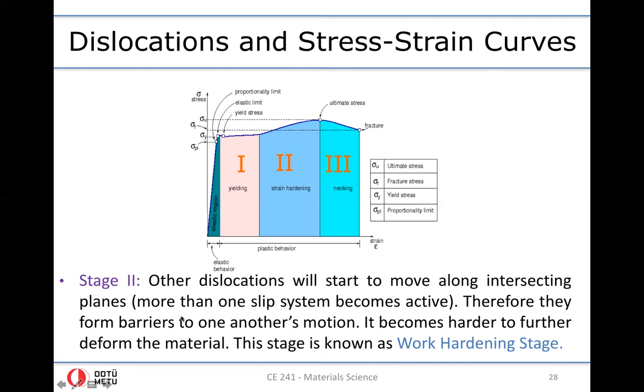In other words, they form barriers to each other's motion. For that reason, it becomes harder to deform the material further. This stage is known as the work hardening stage, and this is actually one mechanism of hardening metals, okay, through deformation. That is based on the accumulation of dislocations and bringing dislocations into interaction.